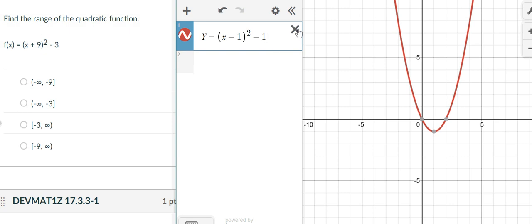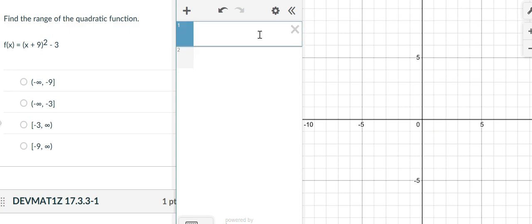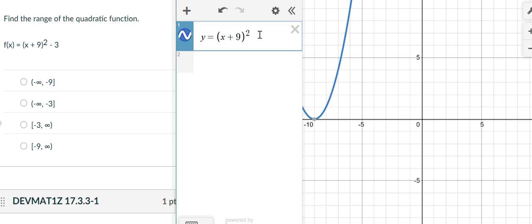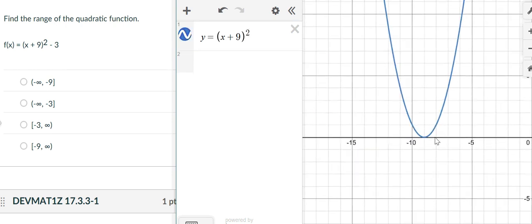If you have a decimal, you can really input y equals x plus 9. You want to square that, you see is right here, shifted 9 units to the left.